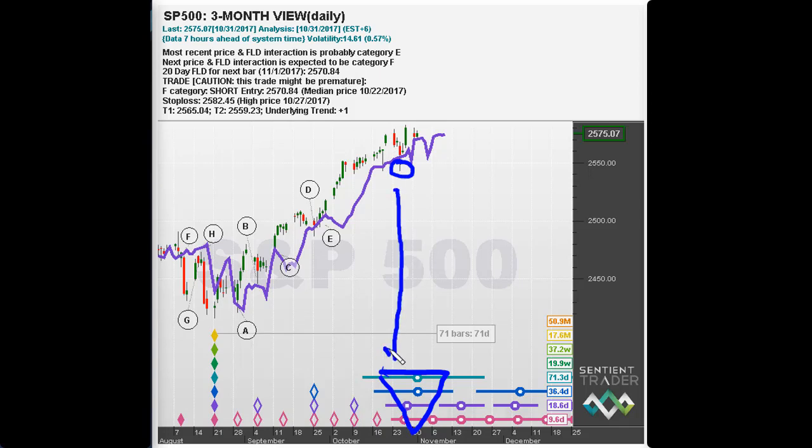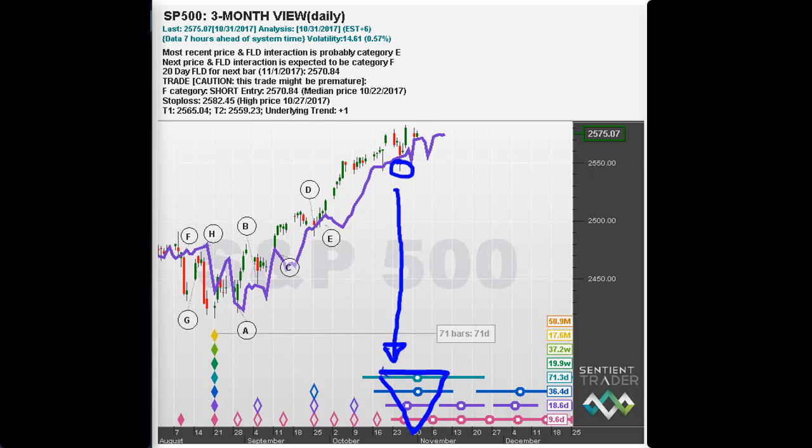It is right above that nest of lows, and so it is possible that our sequence of interactions between price and the FLD has become so distorted by the bullishness of the market that all the F category interaction actually provided us with was a drop down to the FLD, and then the market couldn't go any further down. That is something that we must bear in mind, and it is very possible that we are already witnessing the bounce out of this 80-day cycle trough.